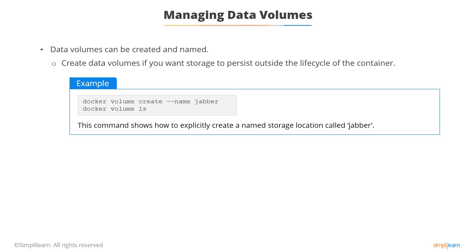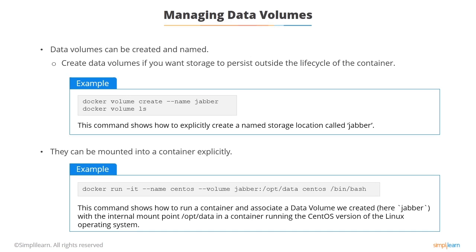So you can create them, give them a name, list them, and then mount them. The form is -v or --volume, volume name, colon, the directory on the container itself. So when the container fires up, it'll be mounted to the writable layer on top of the stack of the Union FS.